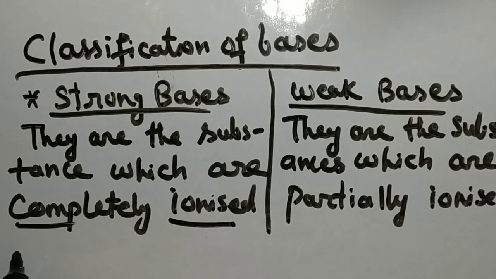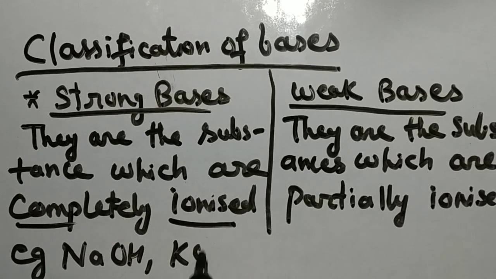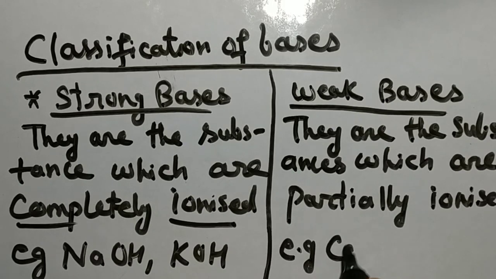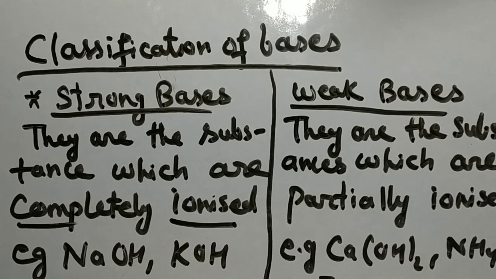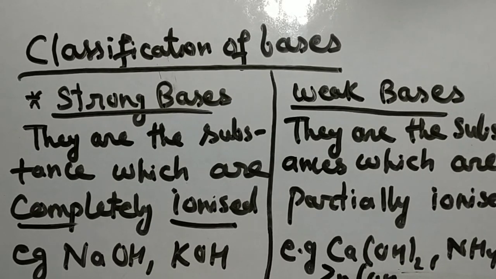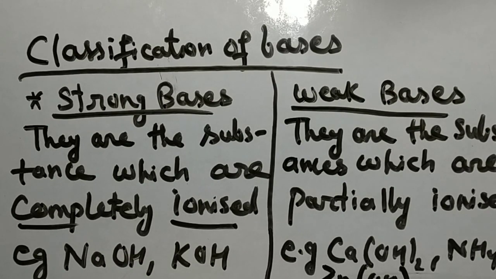Examples of strong bases are NaOH and KOH. These are the strong bases. And when we are talking about the weak bases, examples are Ca(OH)2, NH4OH, and Zn(OH)2, and so on. So these are the classifications of strong bases and weak bases.